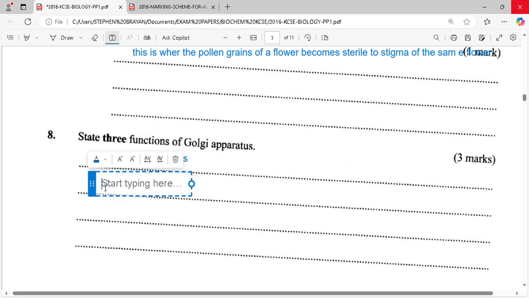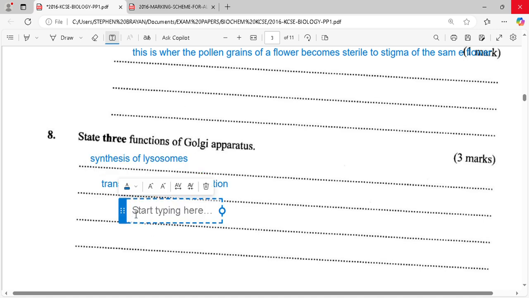The second one is transportation of cell secretions.